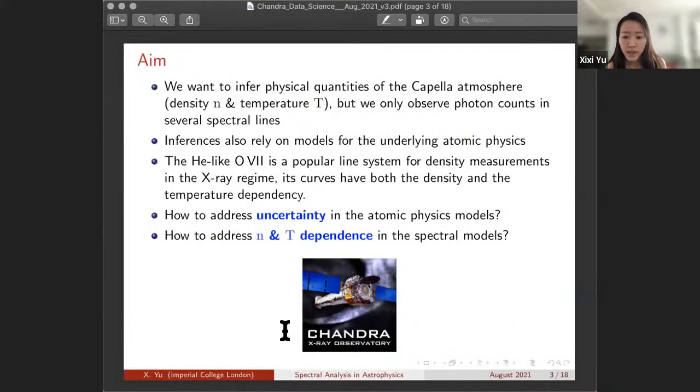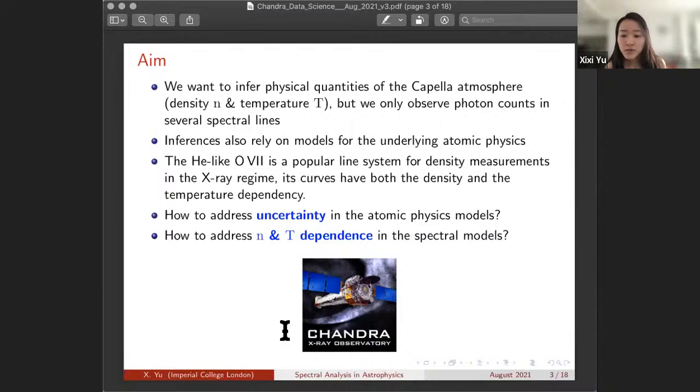Because of the complexity of the structure of stellar coronae, we want to measure the physical quantities of the stellar atmosphere, like density and temperature. Meanwhile, we observe the photon counts.